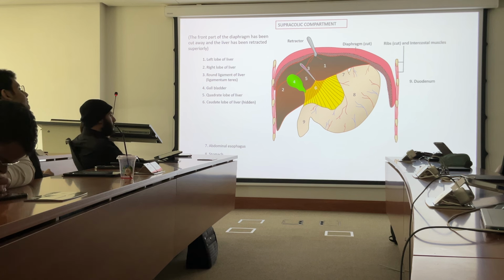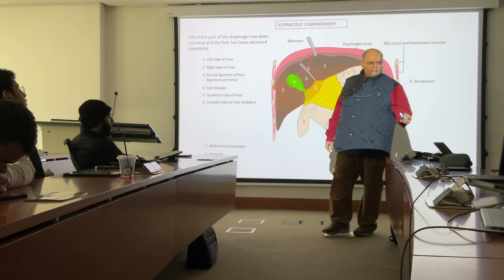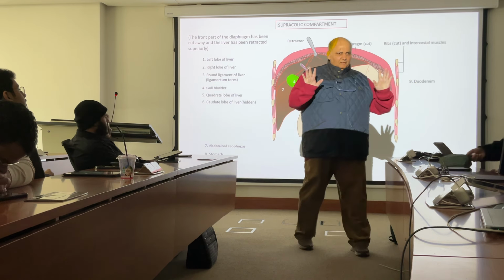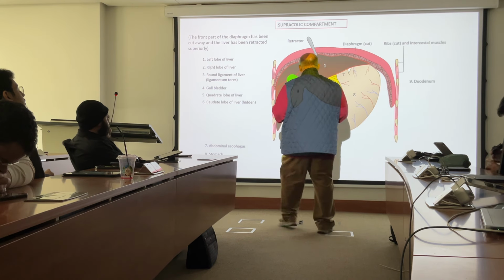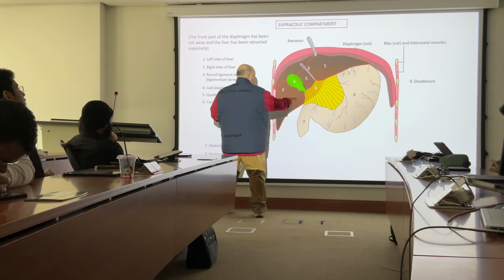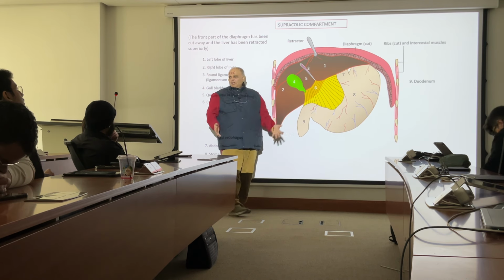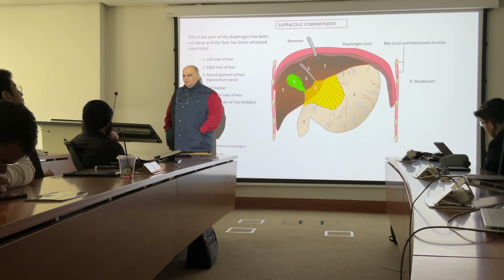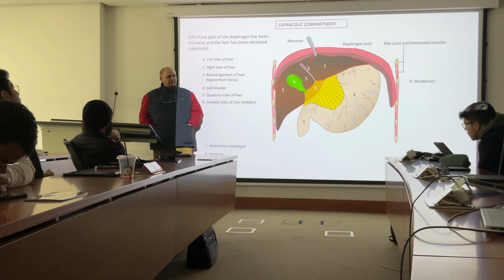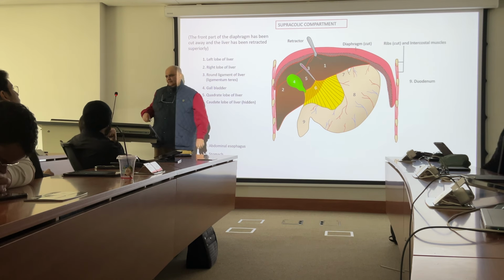This place is the omental foramen, epiploic foramen, foramen of Winslow. Are we clear? So, if I approach from here, I'm entering the lesser sac. The rest of the whole abdomen is greater sac. Are we clear? Yes. And if you understand this, you're done.